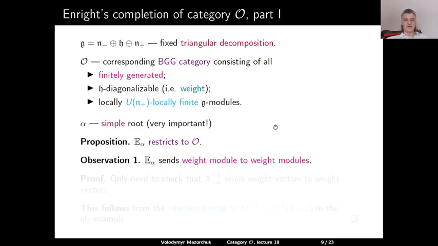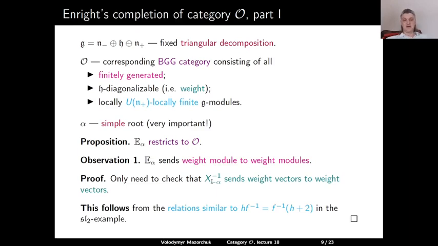First observation, we claim that E alpha sends weight modules to weight modules. Of course, we only need to check that when we localize, the new elements which we produce, by applying the inverse of the element x minus alpha, send weight vectors to weight vectors.